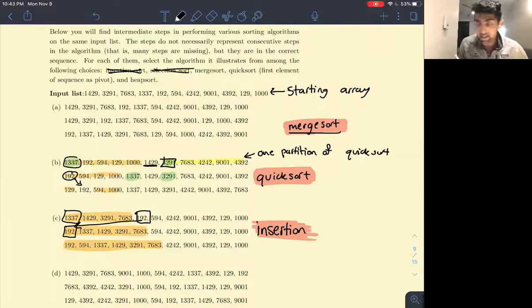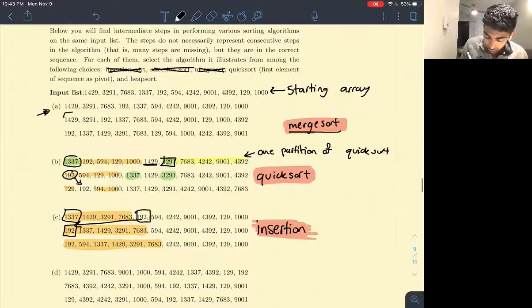Selection sort also wouldn't make sense because we just move the minimum to the front each time. Merge sort wouldn't make sense because in merge sort, if you recall from part A, we take these subsets of arrays and constantly merge them together. That doesn't mean that 7683 is going to go to the right. It could partially move to the right, but it wouldn't move all the way to the start.